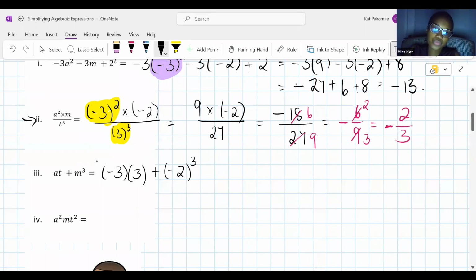Beautiful. So now we're dealing with exponents first. -2 cubed is equal to -8, because any negative number raised to an odd number is a negative number.